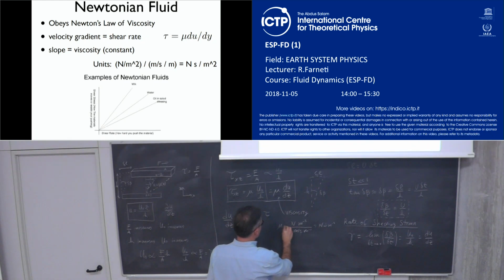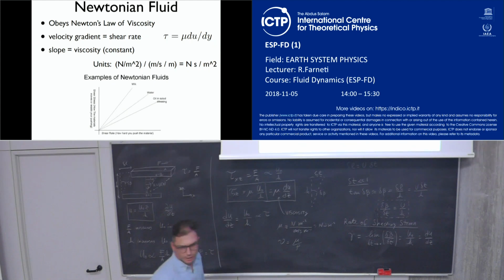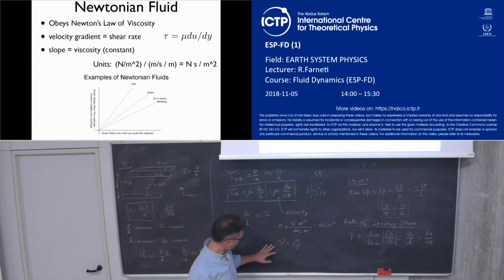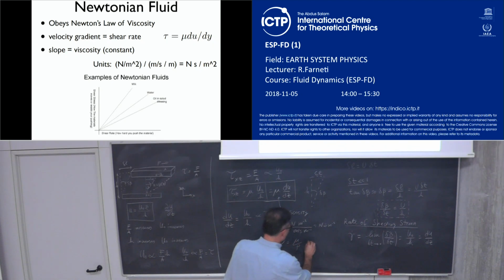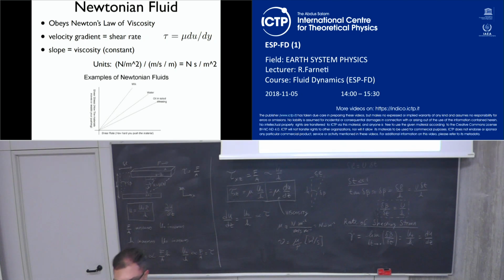Okay? So this is mu. Kinematic viscosity is your viscosity divided by density. Okay? This is something that we use a lot in the equations of motion. The kinematic viscosity, which is mu over rho, gives you a much simpler unit, which is meter square per second. You go from this unit divided by rho, kilogram per meter cube, and you get meter square per second.